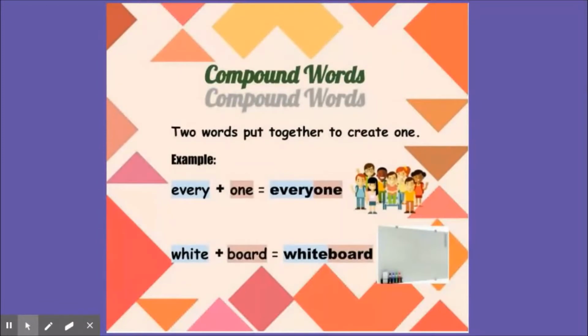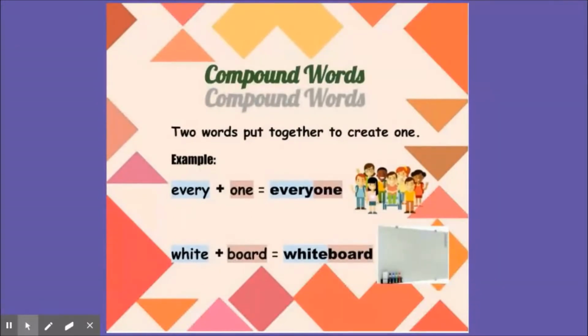Excellent. So let's go ahead and look at this quick slide that has the concise definition of compound words. And it's just we take two words, we put them together, and we create a brand new word. So we have here an example: every plus one means everyone.